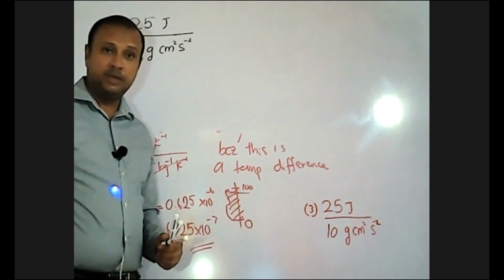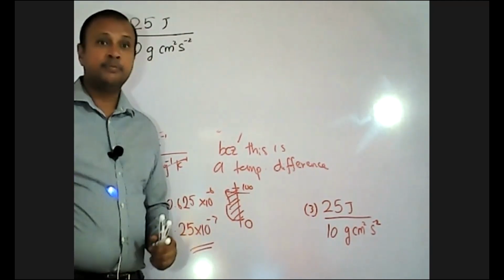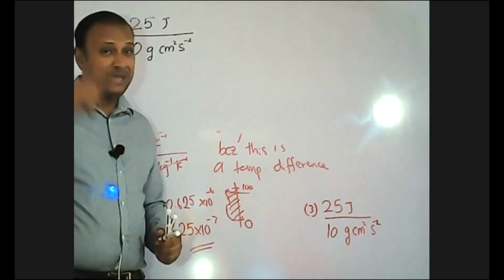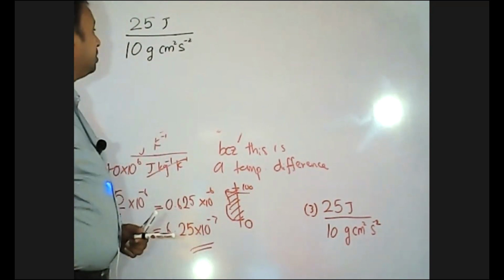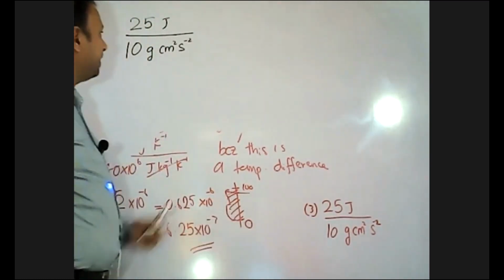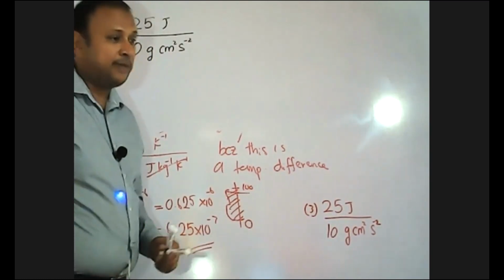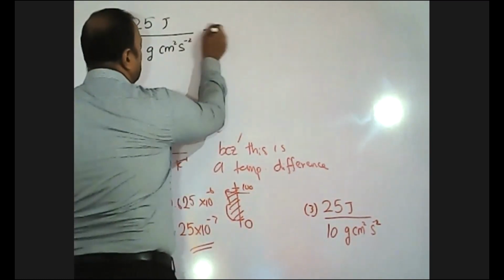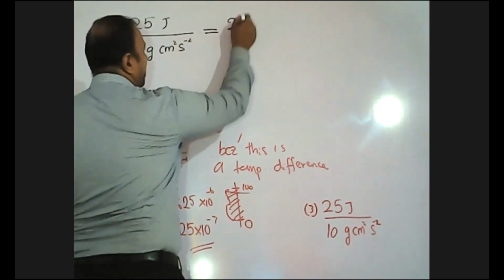So joule is equal to Newton meter, and Newton can be written as kilogram meter per square second. So I can use that basic unit to measure work done or energy. So I can write joule as kilogram, meter, and seconds.